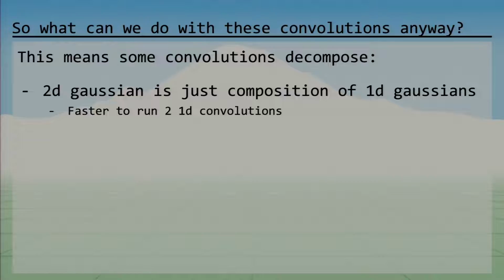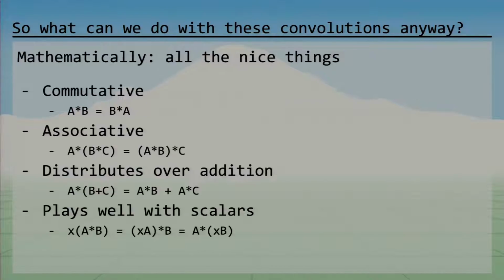For example, the Gaussian filters that you guys are doing, if you have a 7x7 Gaussian filter, you can decompose that into a 1x7 and a 7x1 one-dimensional Gaussian filter, and run each of those over the image one after another, and do your smoothing that way. Just from doing some of these decompositions, you can save some mathematical operations. So in practice, you can do some cool things using these mathematical properties. There's a lot of other filters, I think most of the ones that we've talked about before.